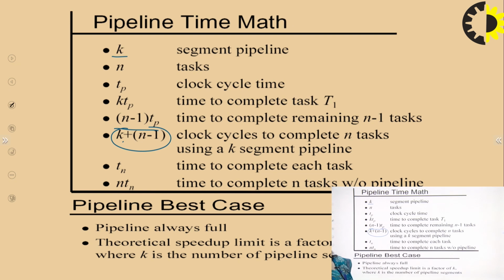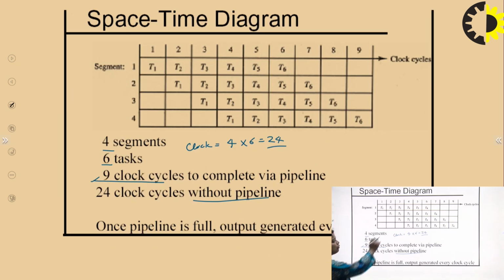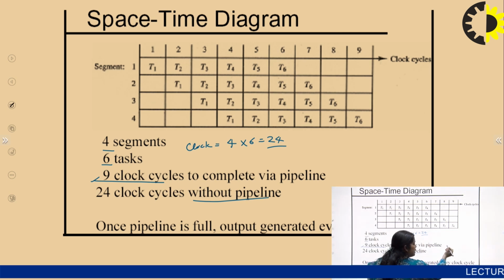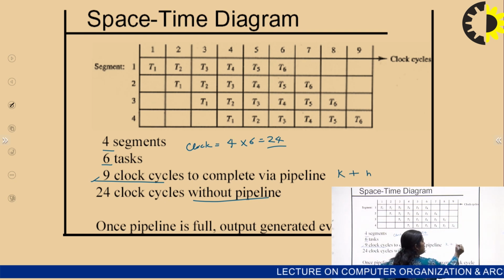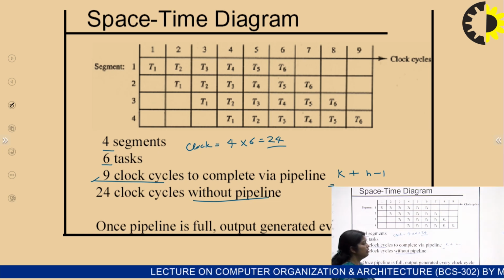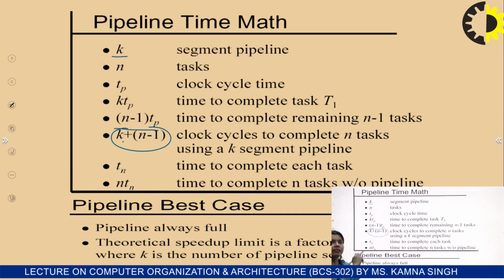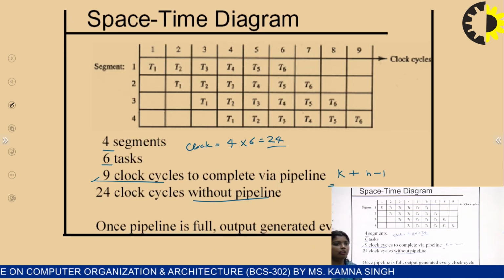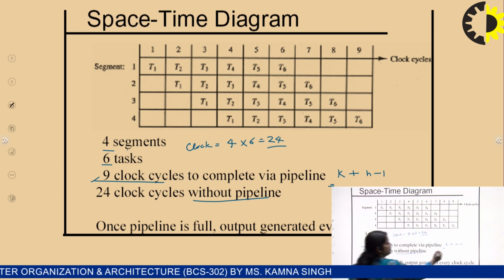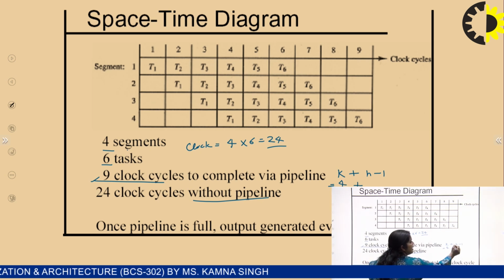With this particular formula, K plus N minus 1, you can easily find out the clock cycles for the pipeline system without a space-time diagram. K is the segment, so 4 segments are there, plus N minus 1.